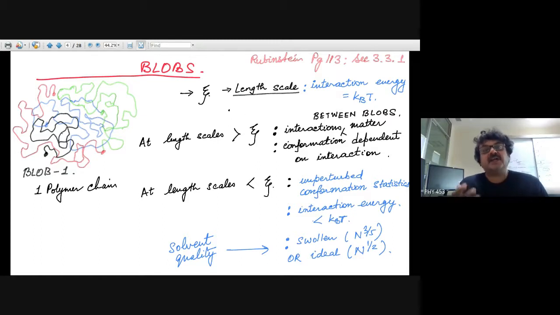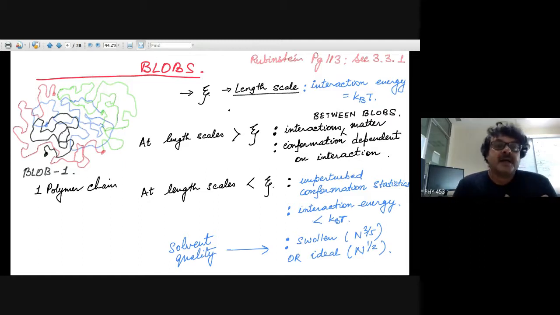which defines a blob, and it's only above this length scale that the monomers of one blob interact. A blob is defined by a length scale, a collection of monomers, a segment of the entire polymer chain, which of course has its own different random walk conformations.